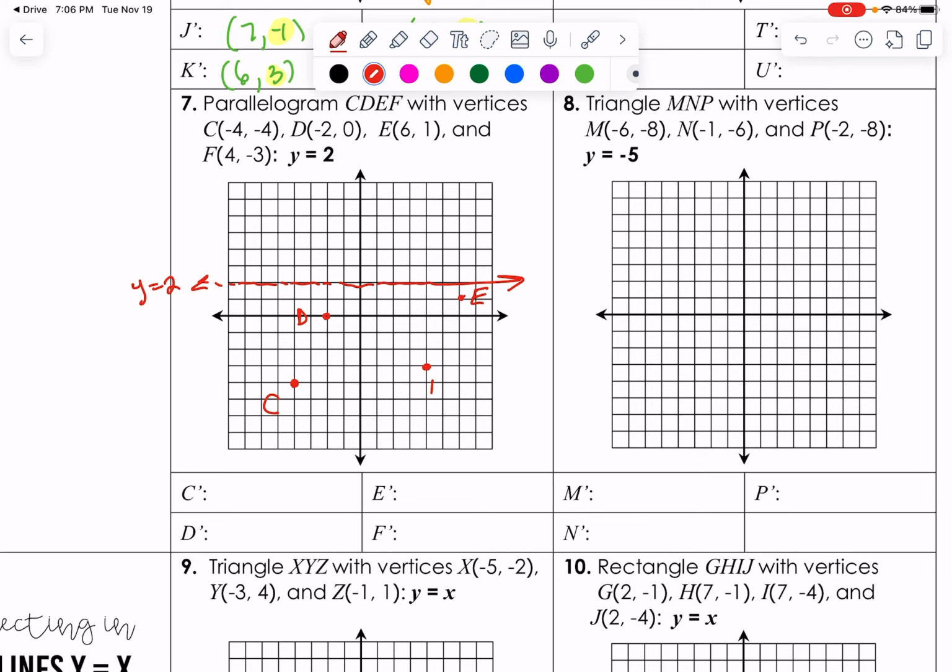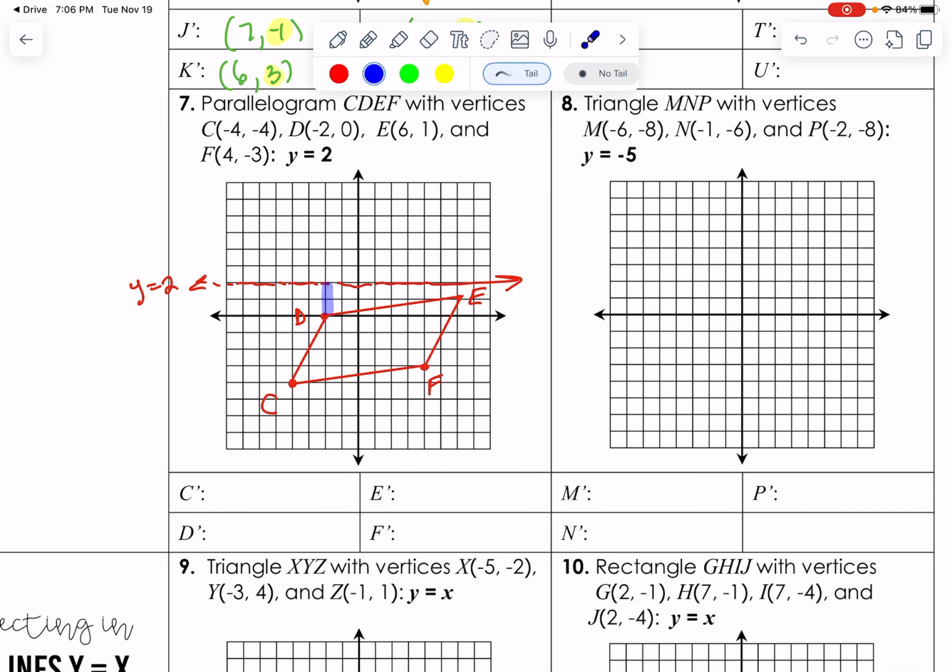And that's F. So then again, we connect the points, and now we just count. So this is 2 from my line, 1 from my line, 5, and 6.